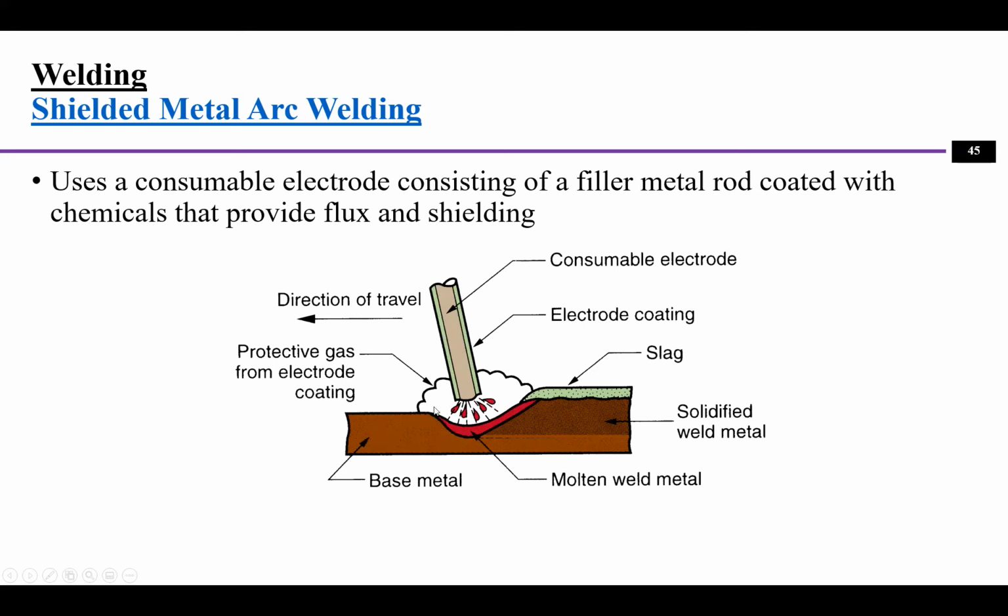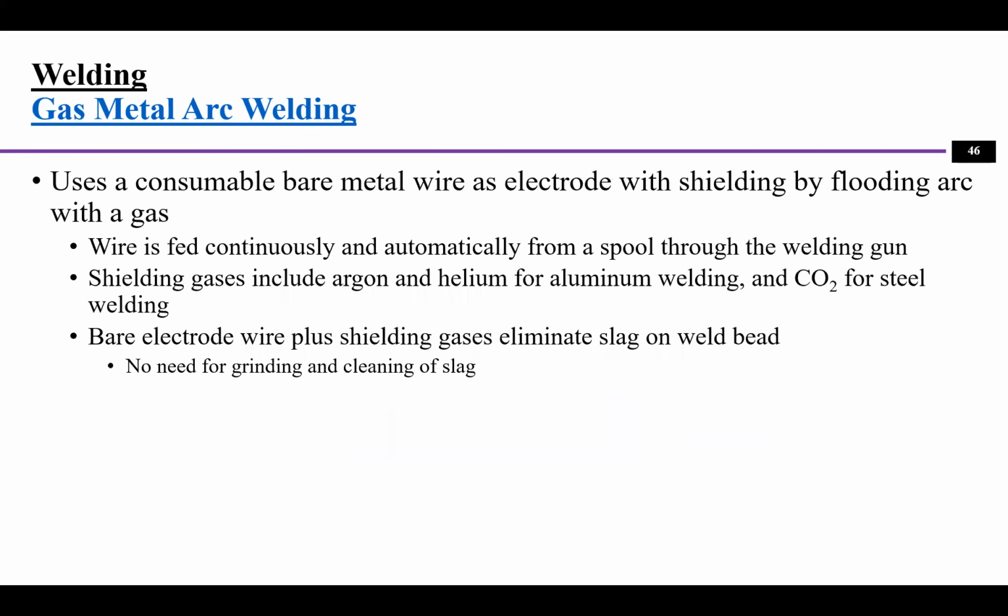The purpose of the protective gas is to protect the environment from oxidation, because melted metal can easily react with oxygen and create defects. So having a protective gas will protect the quality of the welding. And please watch this video to have an idea of how shielded metal arc welding works.